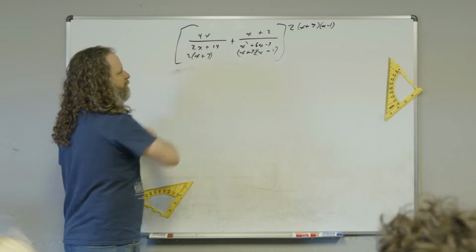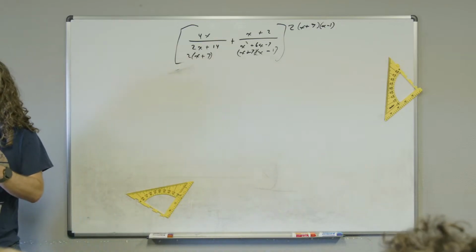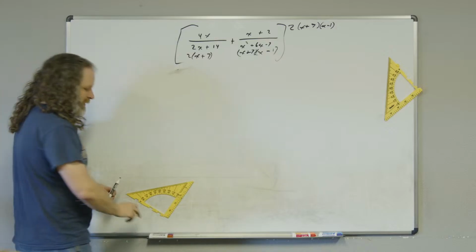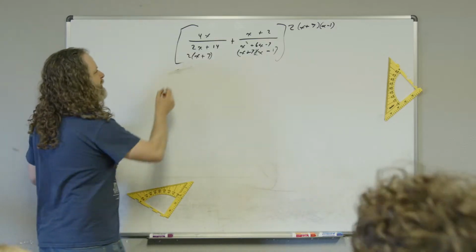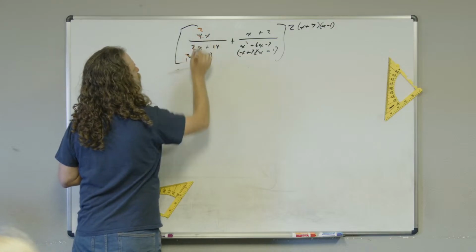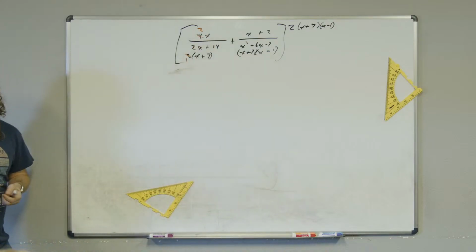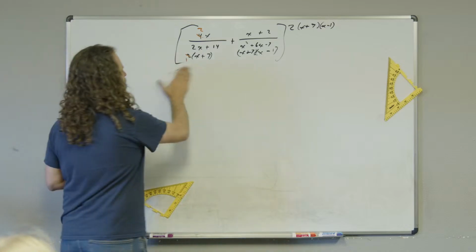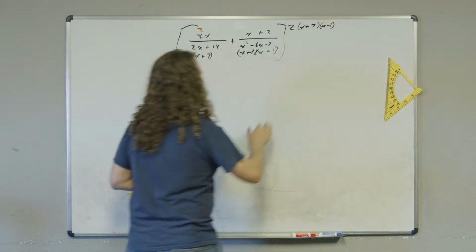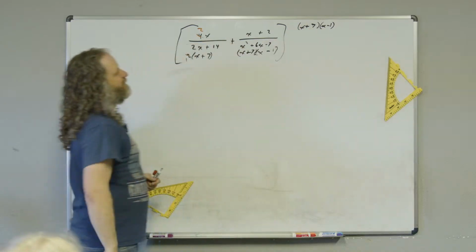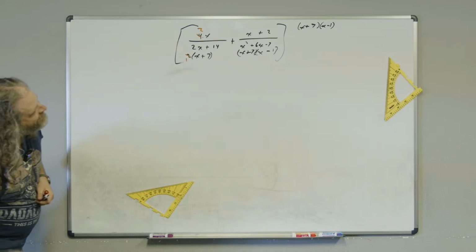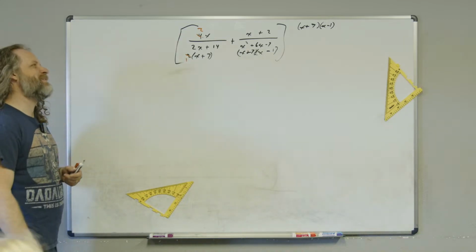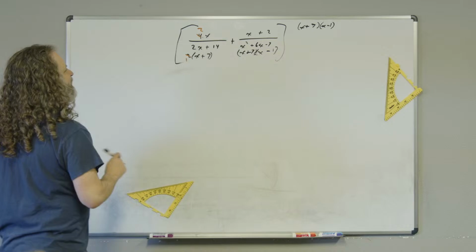No, wait. Time out. There's something we can do first to make our lives easier. What is it? Then our common denominator is x plus 7 times x minus 1.